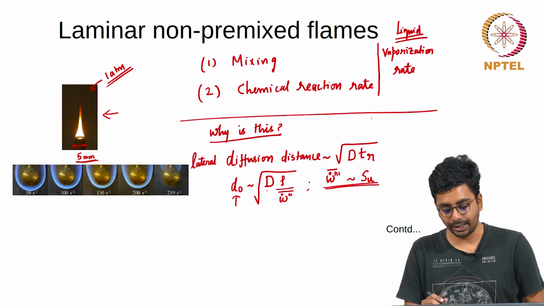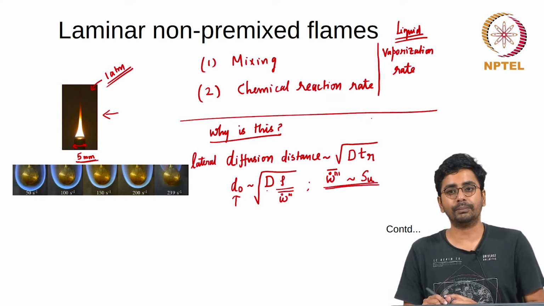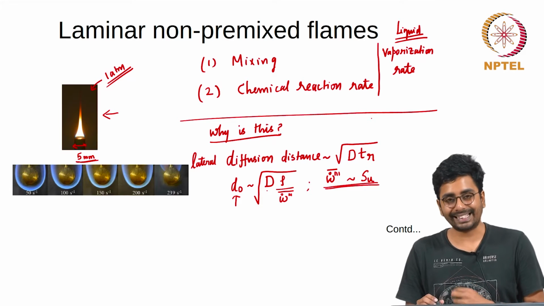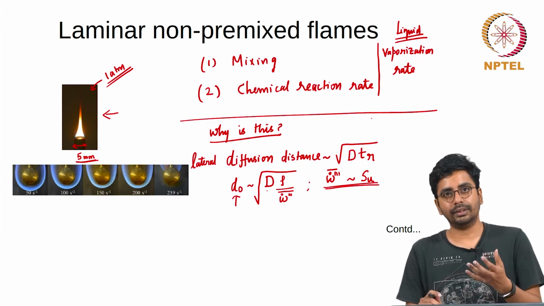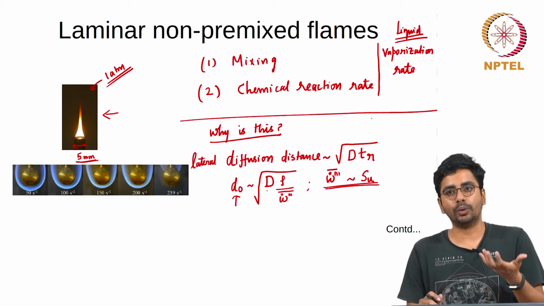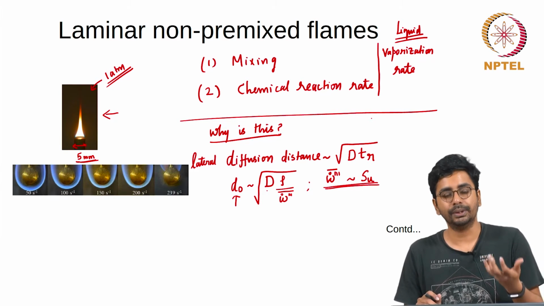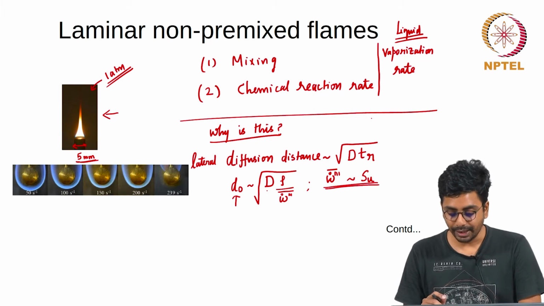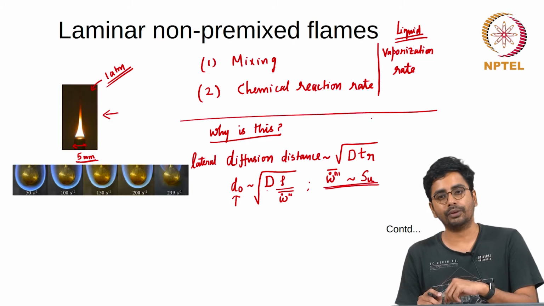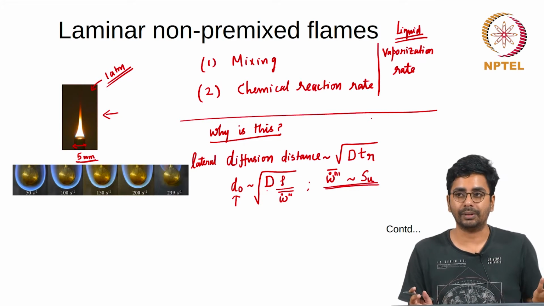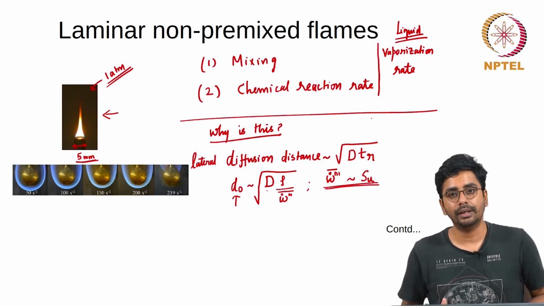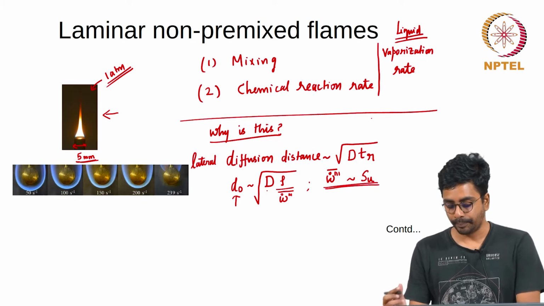For example, if you take hydrogen air mixture, hydrogen has very low diffusivity, but we should also keep in mind that hydrogen air mixture is a lot more reactive than methane air mixture, and as it turns out, the net effect: the D0 tends to go up because the diffusion coefficient is going up, and it will go down because the reaction rates are higher. The net effect seems to be that the D0 actually is lower for hydrogen air mixtures compared to methane air mixtures, simply because the effect of reaction rate overwhelms the effect of the increase in the diffusion coefficient. Okay.